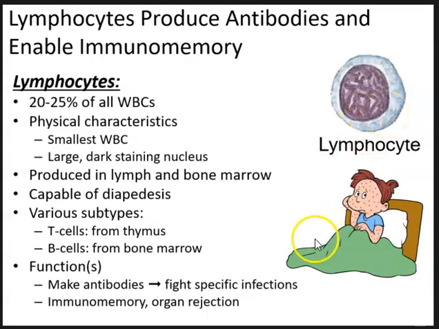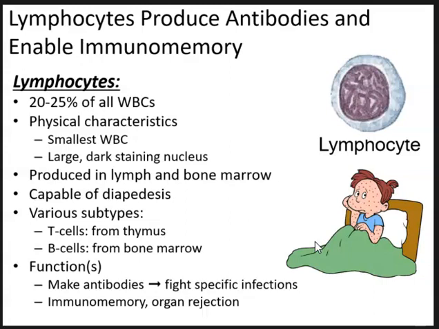So lymphocytes, like monocytes, are also produced in lymph and bone marrow. Again, they're lymphoid if they come from lymph, and myeloid if they come from bone marrow. So lymphocytes have different subtypes. We have T lymphocytes, or T cells.